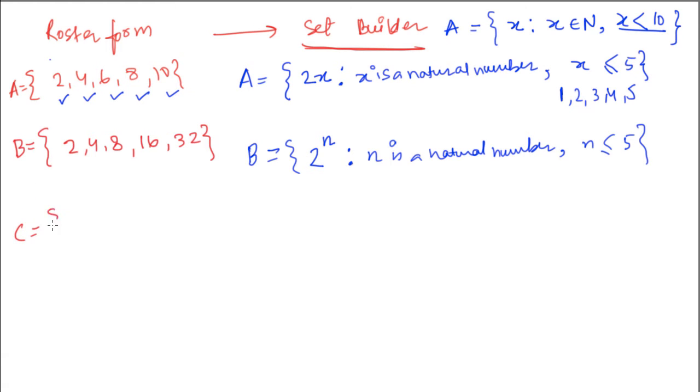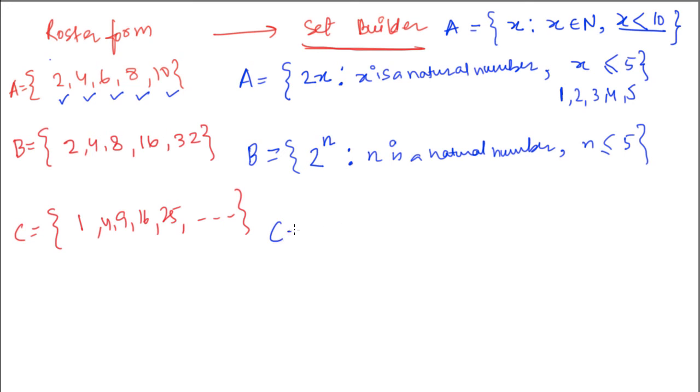Now one more example. 1, 4, 9, 16, 25. Observe the elements in this set, and how would you write this set in set builder form? What was the relation? Okay, so if you observe, this is the set of square numbers.